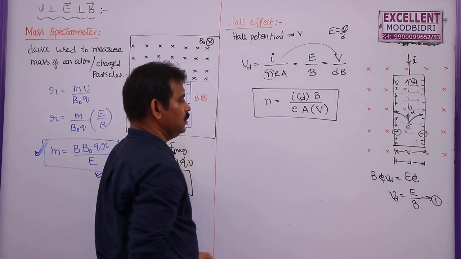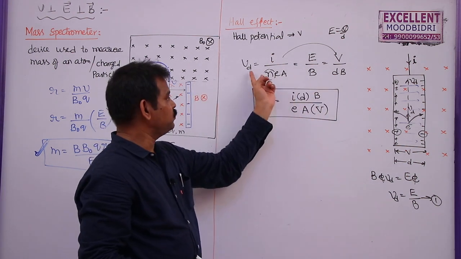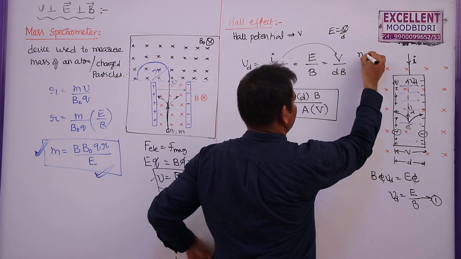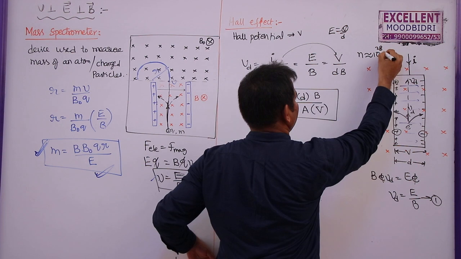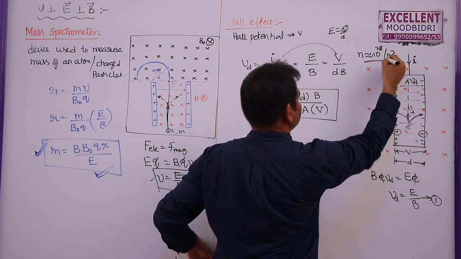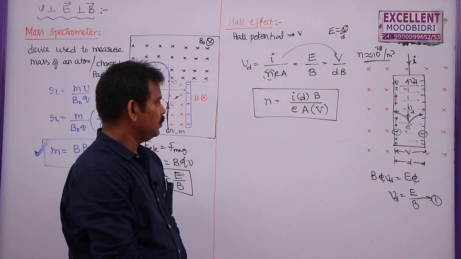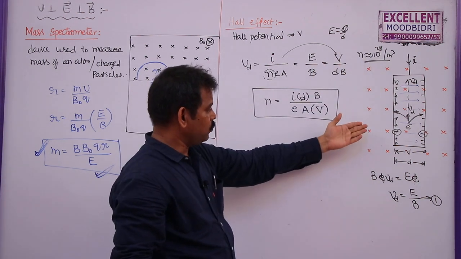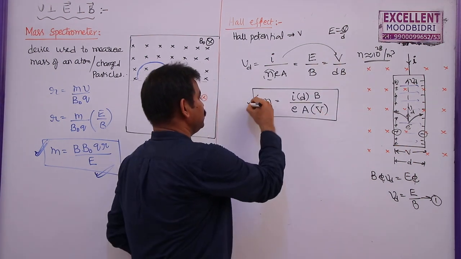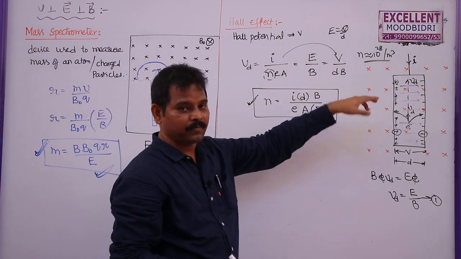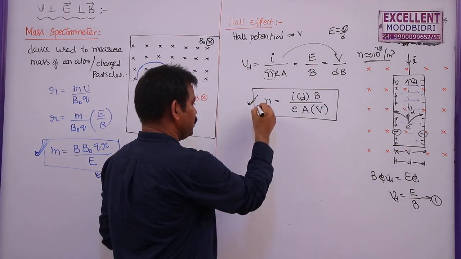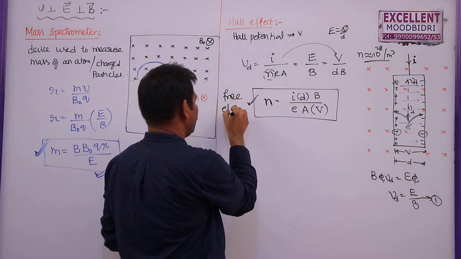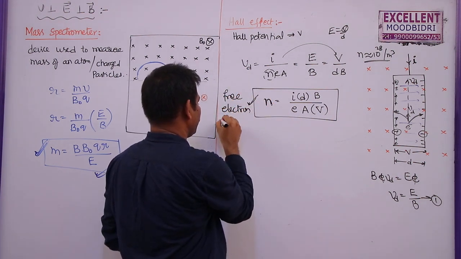Remember students, in current density we used this formula Vd is equal to I by NeA, where N is nearly 10 power 28 per meter cube. These are the number of electrons per meter cube. So we cannot determine this manually. We have to use this concept. By using this velocity selector, the principle of cross electric and magnetic fields, we can determine the number of electrons per unit volume. We call it free electron density.